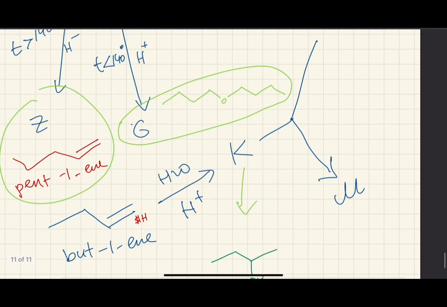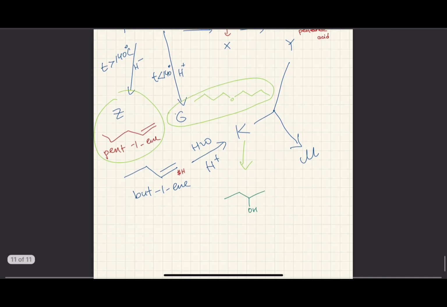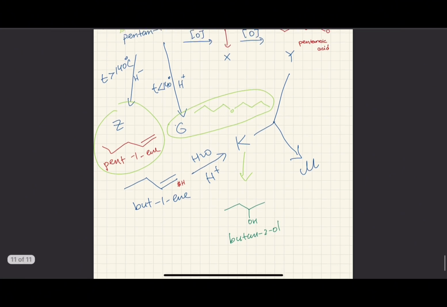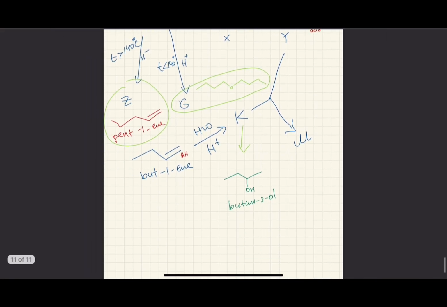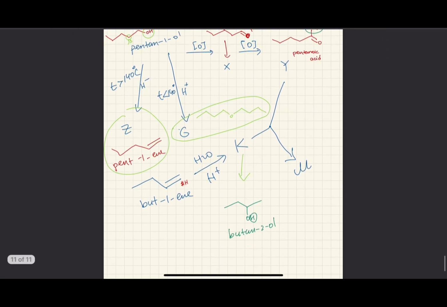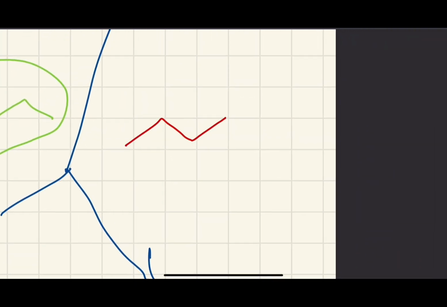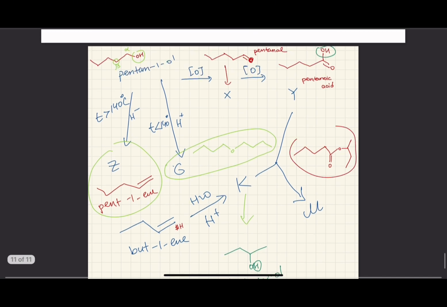Now, if I combine them, pentanoic acid and this butanol, the structure is going to look like this. So I grab the OH from here and H from there. I'm going to draw the structure in red. So pentanoic, and that's how you get the final product M.